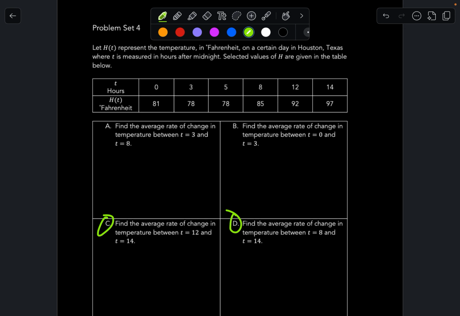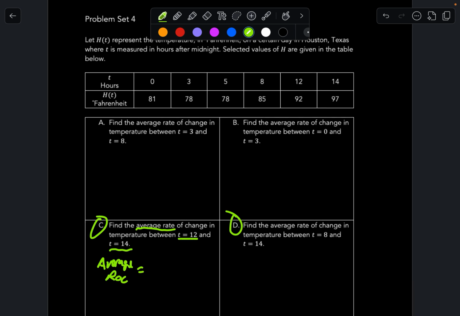Now they give you a table of data, and they want to find the average rate of change in the temperature between t equals 12 and t equals 14. The average rate of change, average ROC, is going to be H evaluated at 14 minus H evaluated at 12, all over 14 minus 12.